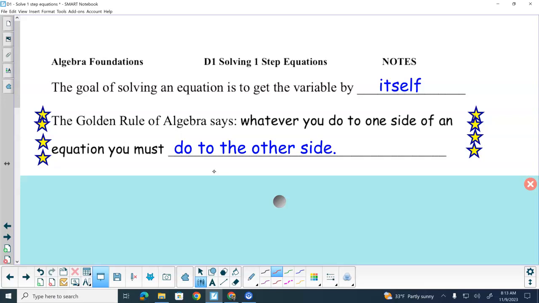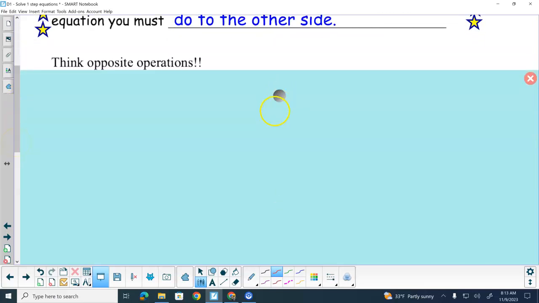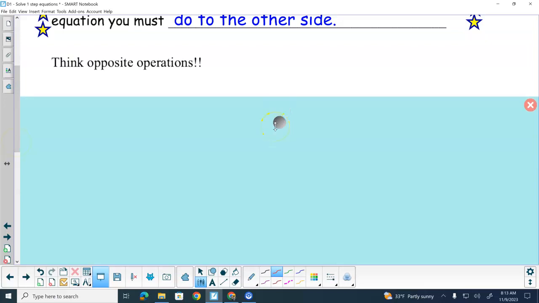Now, when we're doing this, whatever we're doing on one side of an equation, we need to think opposite operations. So my question to you is, what do you think the opposite of addition is? Subtraction. What's the opposite of subtraction? Addition. So those two are opposite operations. Give me another pair of opposite operations. Division and multiplication, yes.